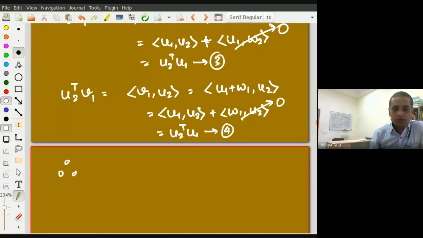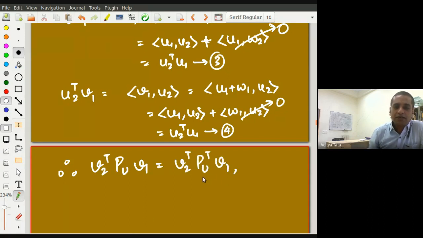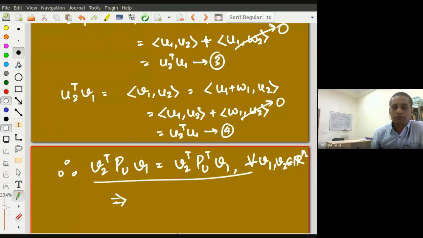Therefore v2 transpose PU v1 is the same as v2 transpose PU transpose v1. Did we assume anything special about v2 and v1? No, they could be any vectors in Rn. So when can this be true?